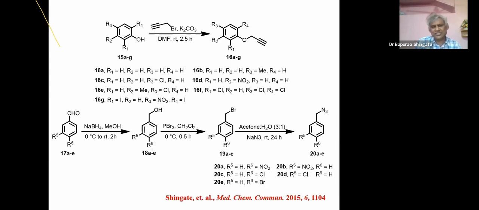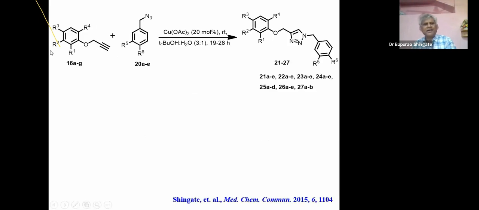See the reaction conditions here. These terminal alkynes and benzyl azides, under the click chemistry approach using copper sulfate in a tertiary butanol-water solvent system at room temperature for 19 to 28 hours, means just stirring, give the corresponding 1,4-disubstituted 1,2,3-triazoles having ethereal linkage.